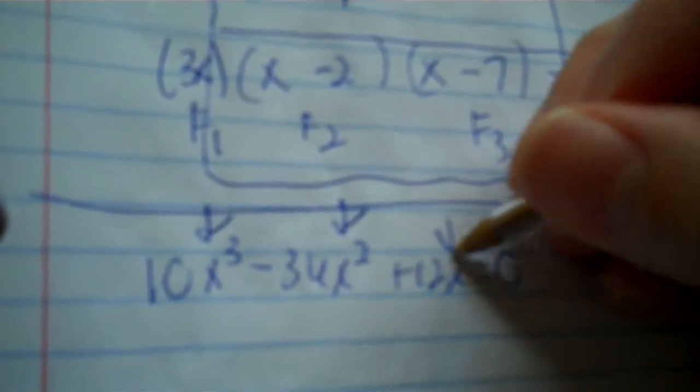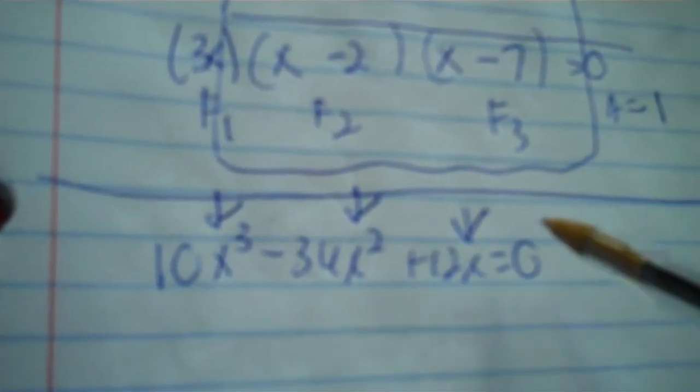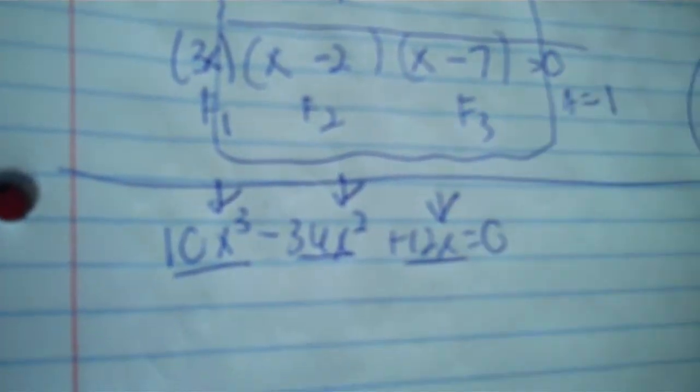You have x to the third, x to the second, and x. So with all 3 of those, there's 3 terms, and you're going to again use the greatest common factor and then your table. So 10, 34, and 12.